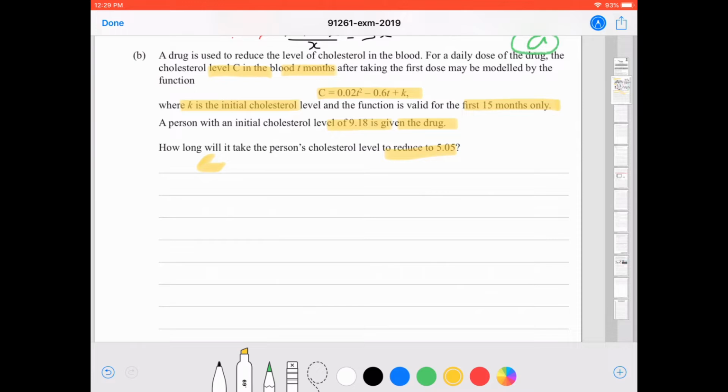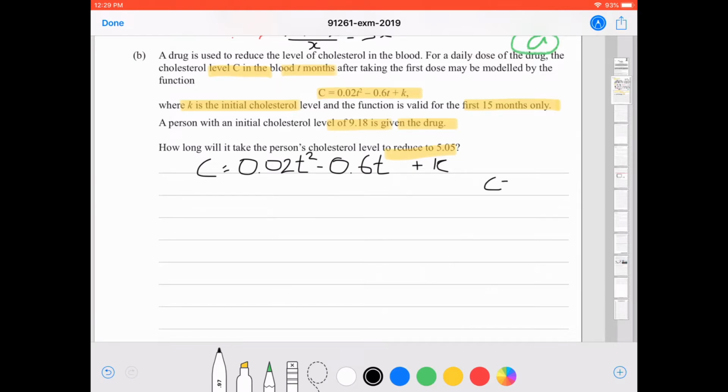Okay, so we've got this equation here. C equals 0.02 t squared minus 0.6 t plus k. We've got 3 variables here. What are our variables?